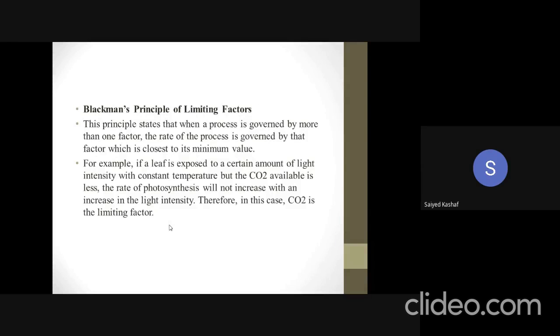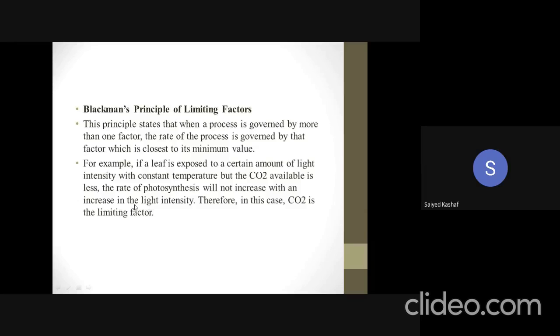Now, another one is Blackman's principle of limiting factor. This principle states that when a process is governed by more than one factor, the rate of the process is governed by the factor which is closest to its minimum value. For example, if the leaf is exposed to a certain amount of light intensity with a constant temperature, but CO2 is not available in an efficient amount, the rate of photosynthesis will decrease, right?